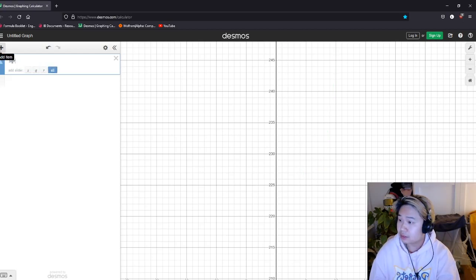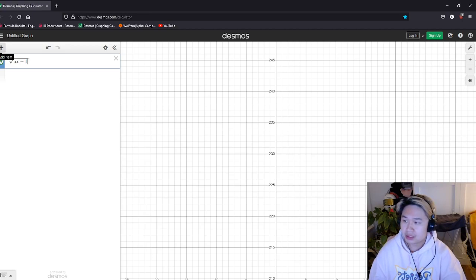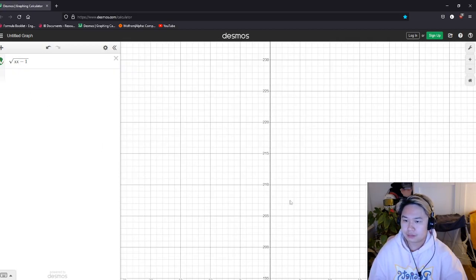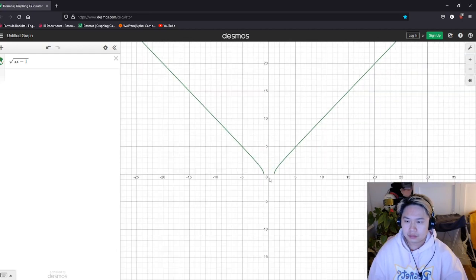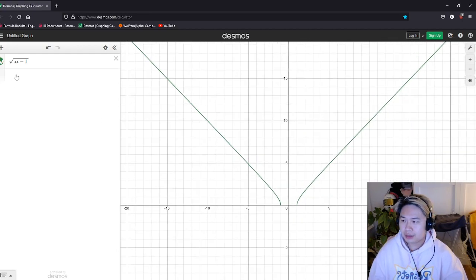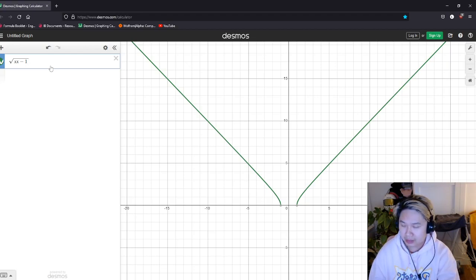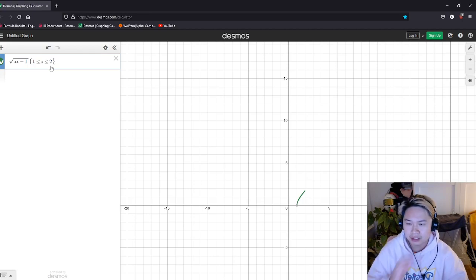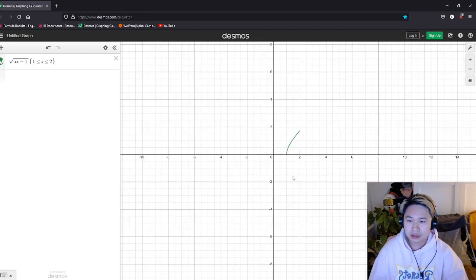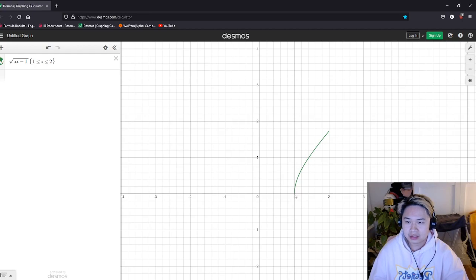So what was it? Square root of x squared minus 1, I think. Okay, and then we only want this between 1 and 2. So at least with mine, I can restrict the domain. If not, you can just find the individual values of the function at 1 and 2. And then you get this tiny little thing.